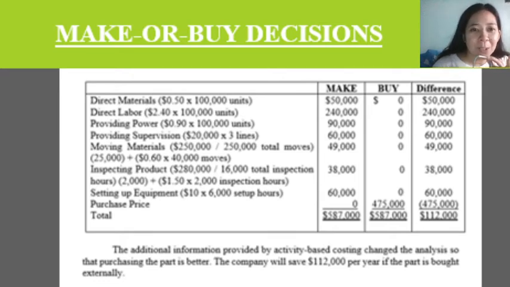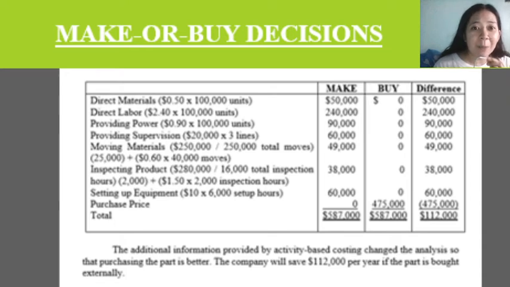Okay? So, if we will use the ABC system, the additional information provided by the activity drivers changed our analysis. Okay, so now our decision is to better purchase the part from the outside supplier because it will have a net benefit of 112,000 per year if we will purchase it.